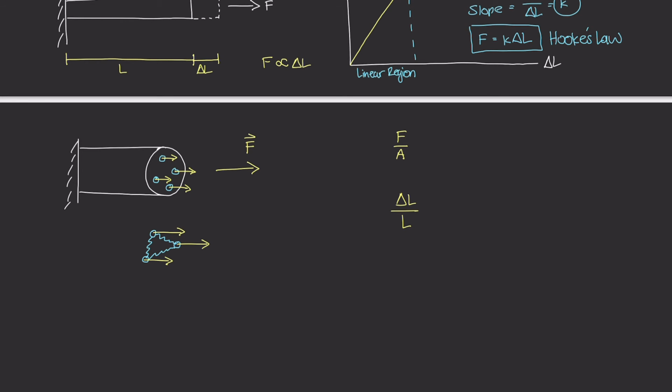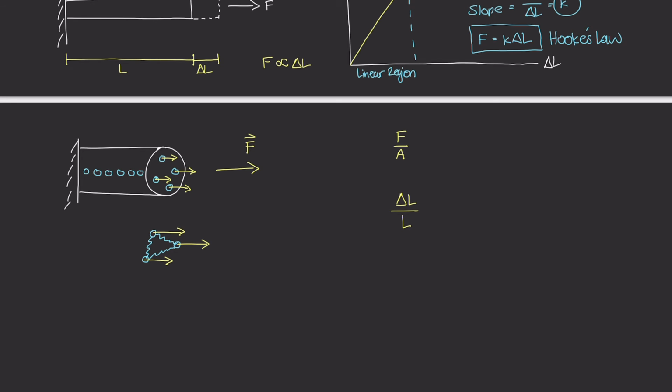Another way to think of it is that this force being applied to the rod causes each one of the bonds to stretch by an amount that is proportional to delta L over L. So if we looked at the length of this rod, we know that the longer the L, the more molecules there are going to be along the length of that rod.